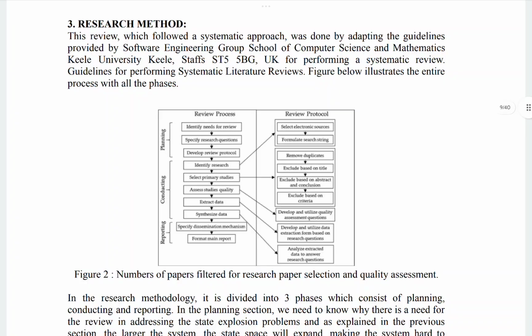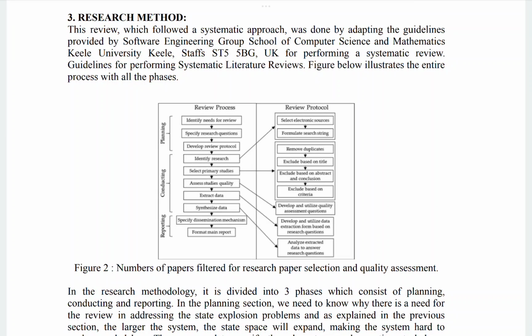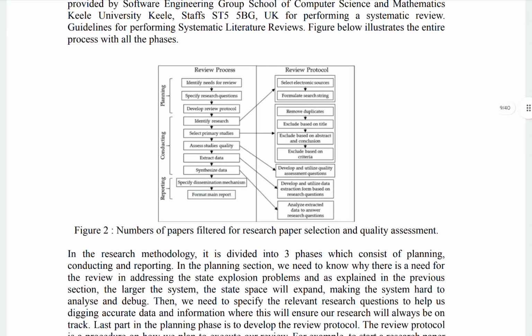Basically, we refer to the standards from the Software Engineering Group, School of Computer Science and Mathematics at Keele University, where they give a guideline on how to do a systematic literature review on the software engineering side. The protocol has three main processes: planning, conducting, and reporting.